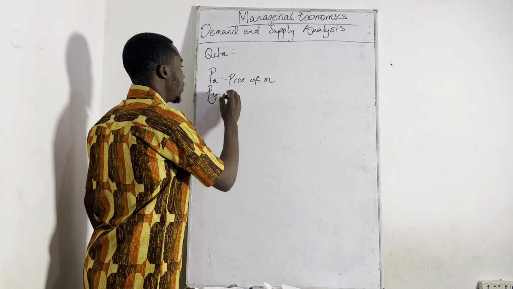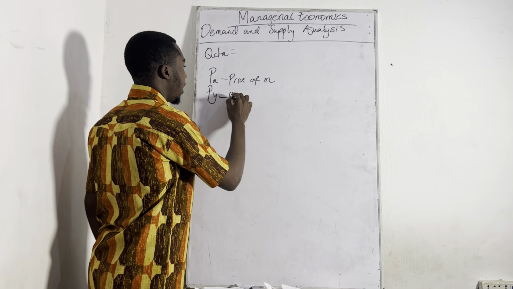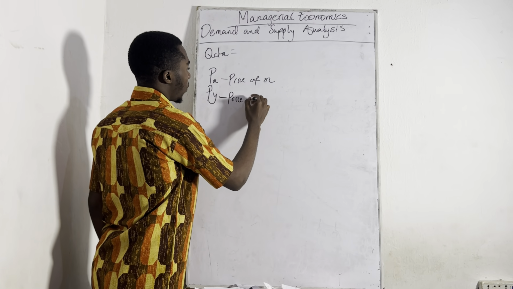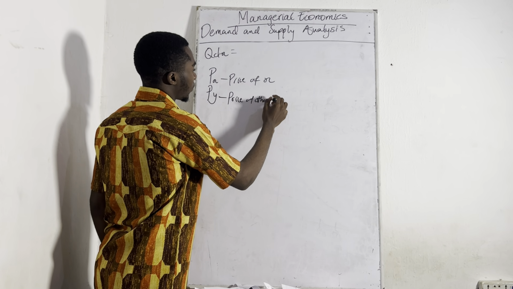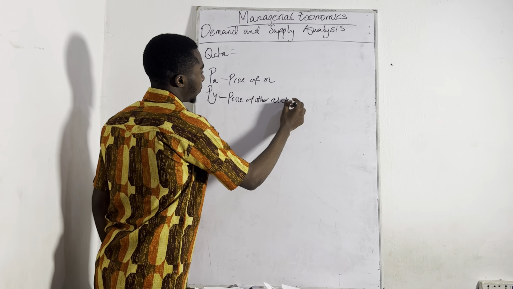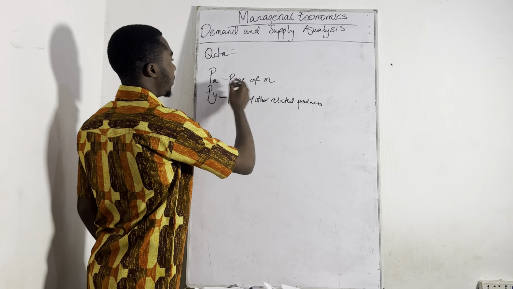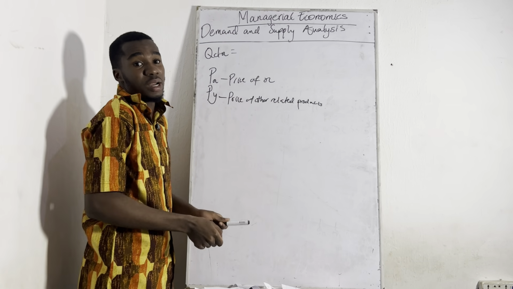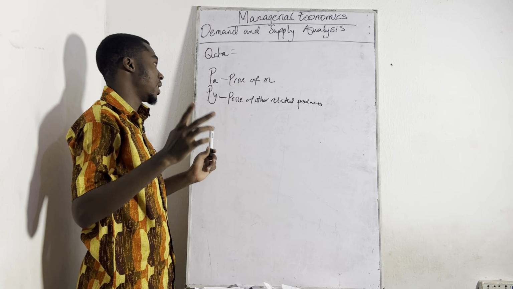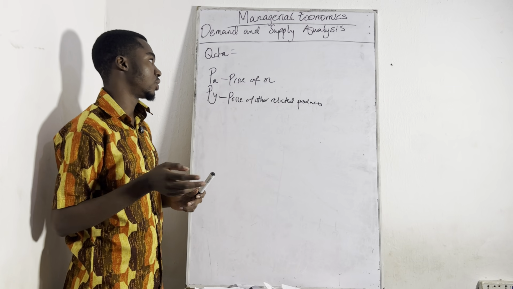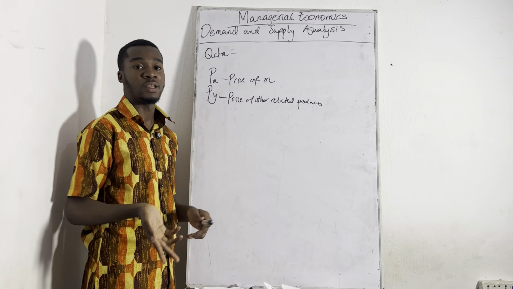So PX is the price of that particular product in question, but PY is the price of another product.